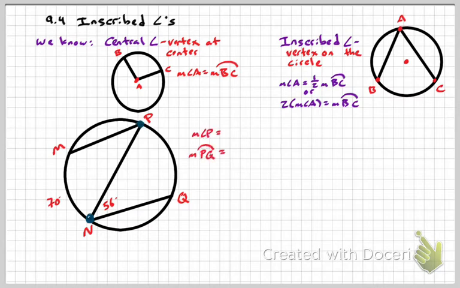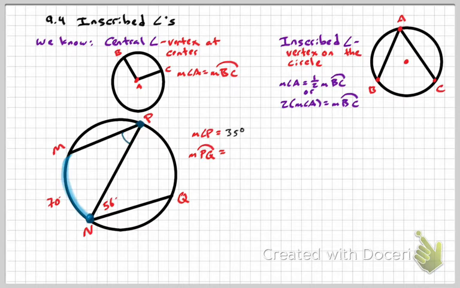So the question is, what's the measure of angle P and what's the arc measure of PQ? Well, angle P, which is right here, is creating arc MN. Arc MN is 70, so therefore angle P is half that amount, 35 degrees.